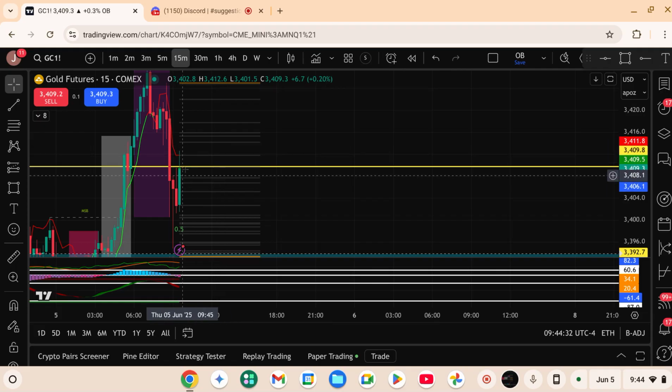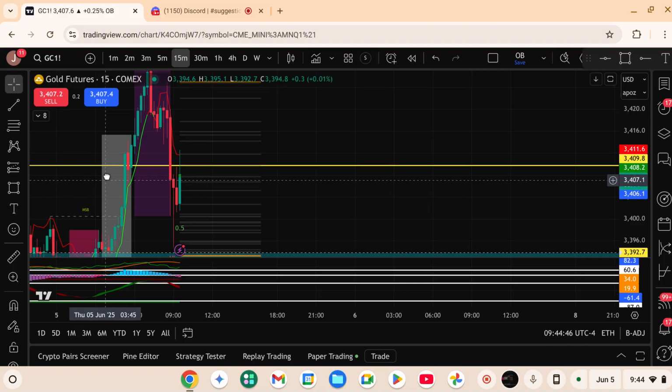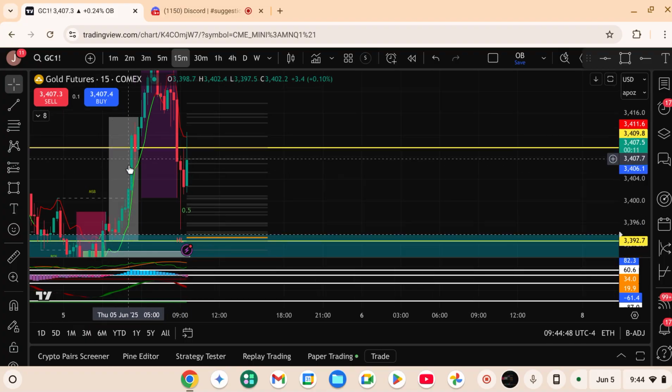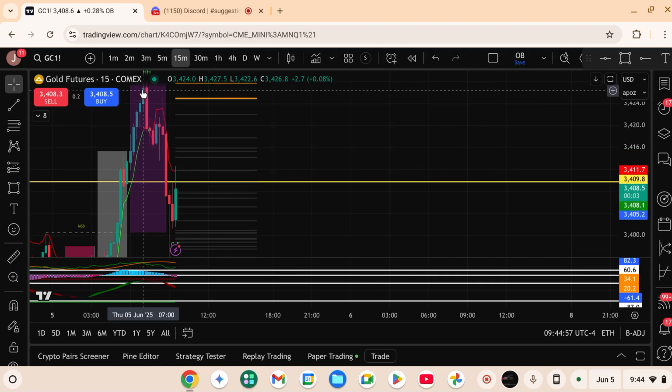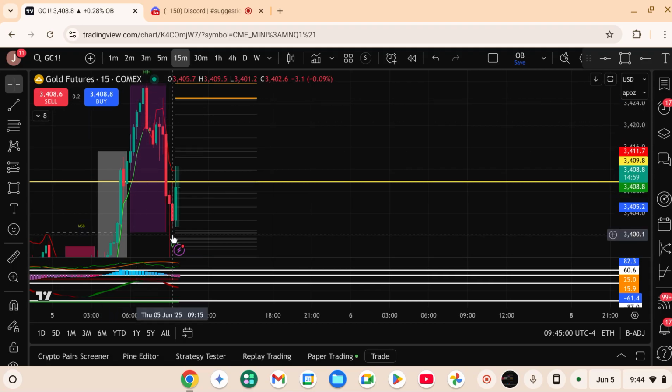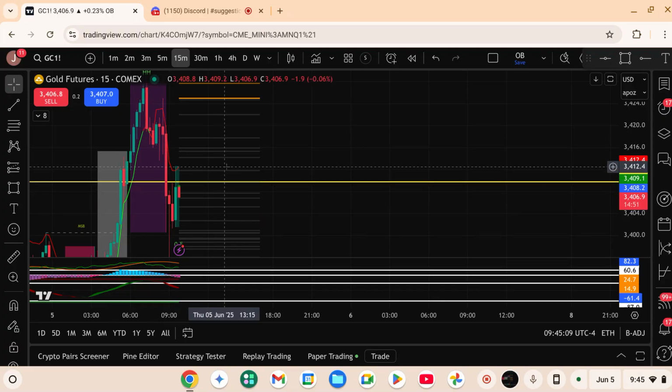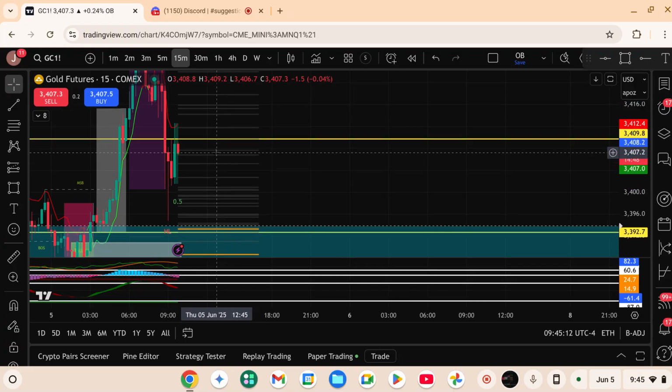So y'all see how it's closing with a wick around this area. That's not confirmation enough for me to take a long from here. I wanted a candle like this one here. Y'all see how a decent amount of the body closed right here, and then a couple candles later, it just shot up. If you get a bulk of the body of the candle you're looking at to close within your area, that's kind of giving you confirmation that it's going to break out of that area.